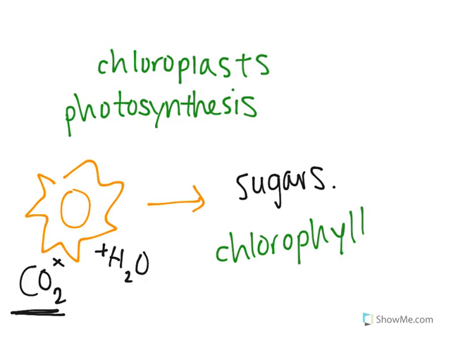Other plants, such as radishes, have a different pigment in them, which makes them red. Same thing with red cabbage. So there are different pigments involved, but chlorophyll is the most common one found in chloroplasts that allows the chloroplast to take in sunlight and produce the sugar using photosynthesis.